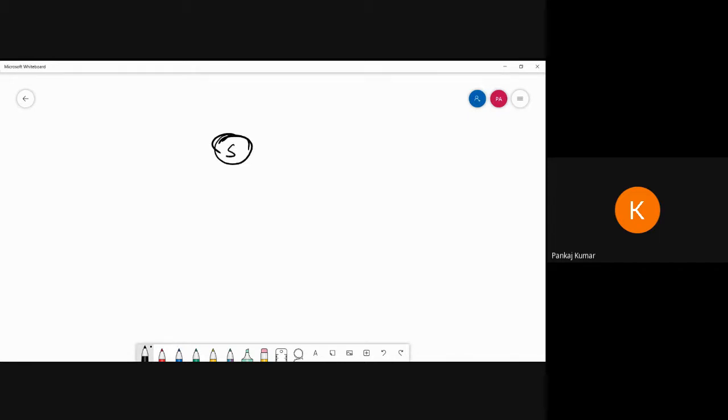So I'm drawing this one, A. Then again I can draw this graph. I think my pen is not working properly. Wait. I don't know why it's not working. Maybe the battery is finished, so that's why it's not working. Sometimes it's working. Okay, now it's working.